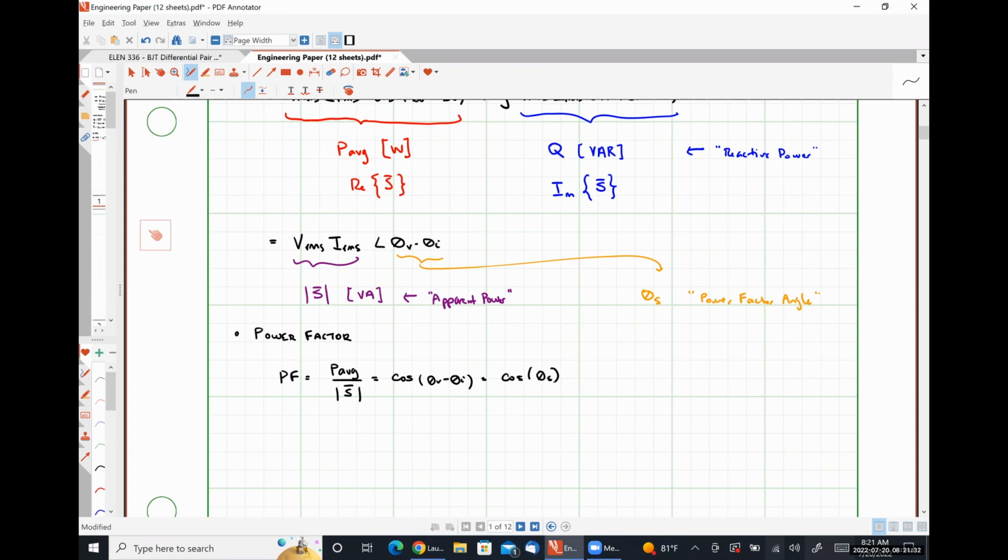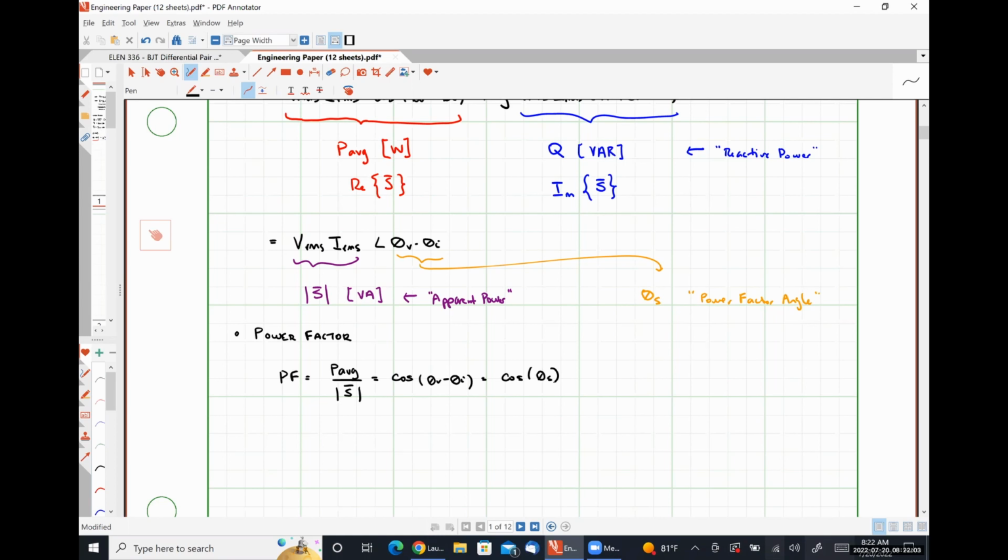So, as I said a few moments ago, the power factor is a measure of efficiency of transmission. In an ideal case, a power factor would be 1, which means all of the complex power that's delivered to a load is composed of average power. And so all of the power that's being transmitted is capable of performing work.